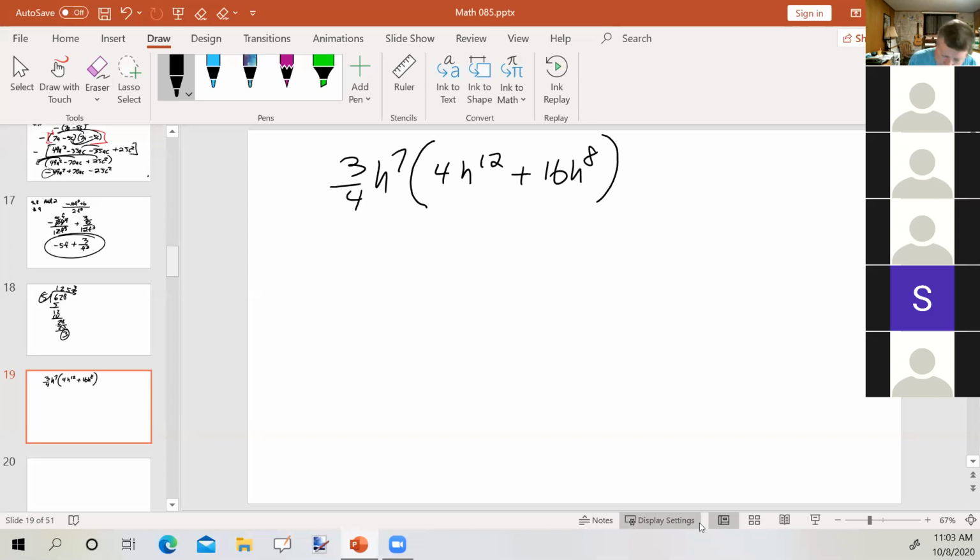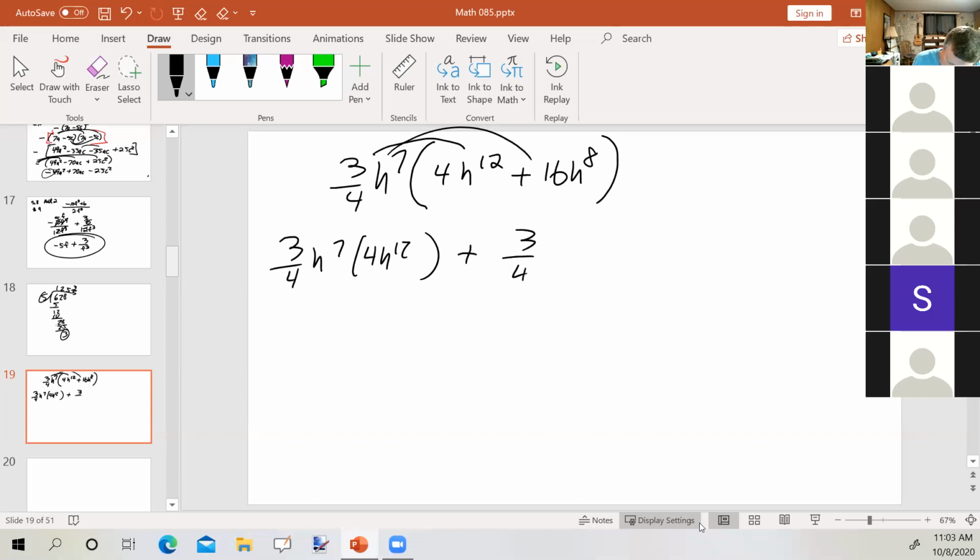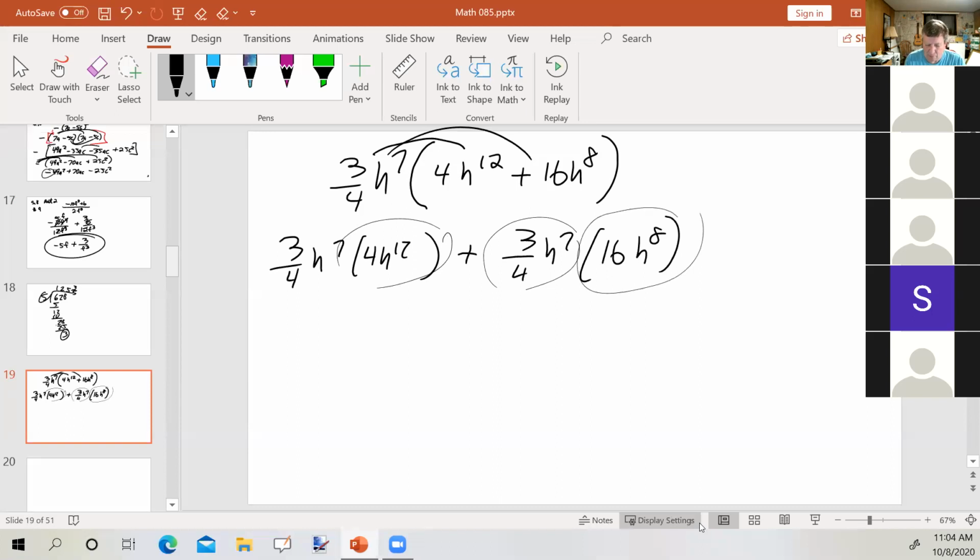Yeah. All right. Since we've got some simplifying to do, I'm going to just write each product and then we'll come back and reduce each term. So I've got 3/4 h to the 7th times 4h to the 12th plus 3/4 h to the 7th times 16h to the 4th. Are you okay with that? Yeah.